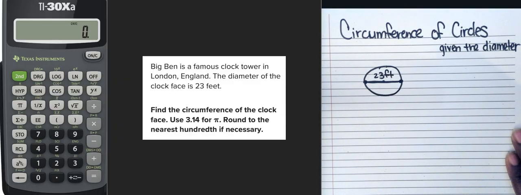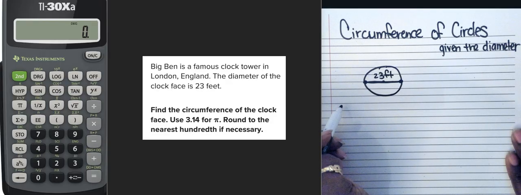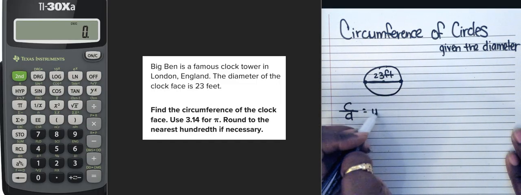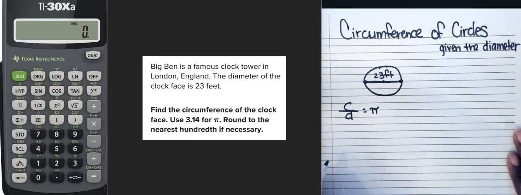The next thing we need to remember is our formula for finding the circumference. First off, we know that the circumference is proportional to the diameter. When we take the circumference divided by the diameter, we come out with the same value, which is pi.